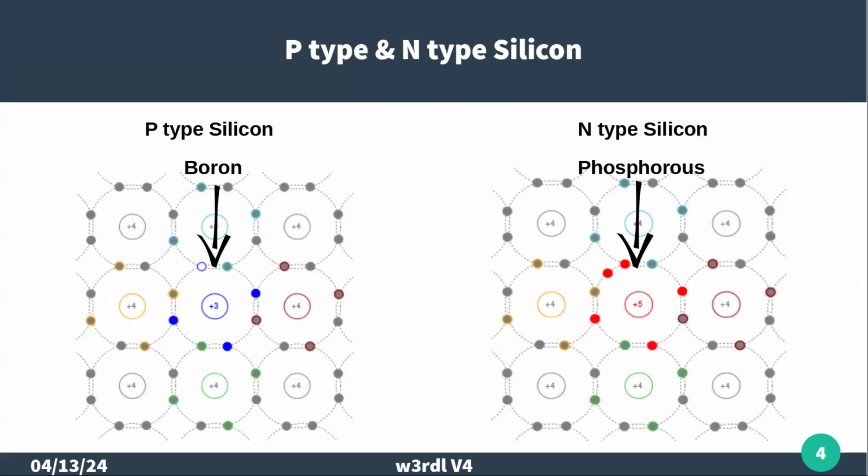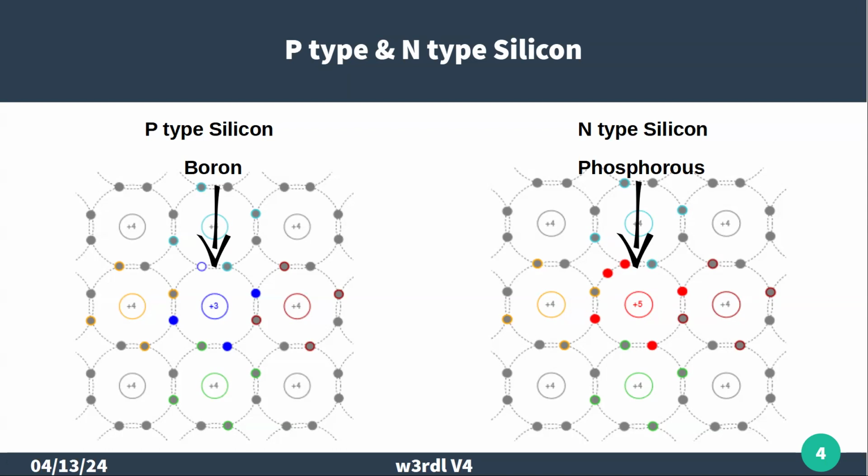So it doesn't mate up with the silicon, and you wind up with essentially a hole, which becomes a positive charge because it's deficient of 1 electron for every boron atom in there. The more boron atoms, the more holes you're going to have in that material.